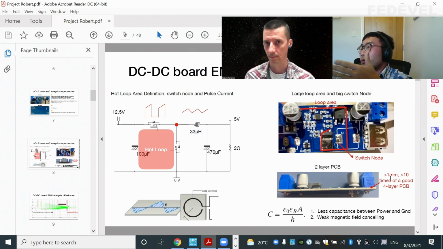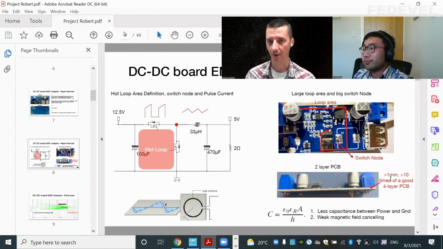We know that for a very good four-layer PCB, the distance between the first and second layer is much, much smaller than this. So in terms of field cancelling, as we just discussed, this PCB is not good. It would be better if there were a four-layer PCB and the second layer were very close under this hot loop.